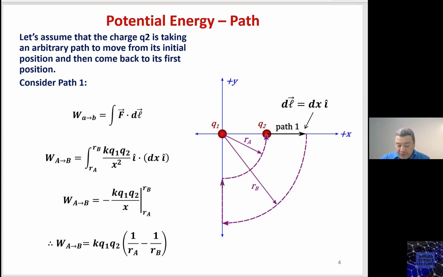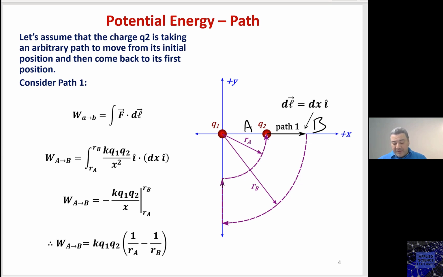If we have now, we're talking about those two charges, Q1 that is fixed and Q2 that is allowed to move. Now let's see what's going to happen if this Q2 takes this path from point A to point B. Let's talk about this path for the time being.